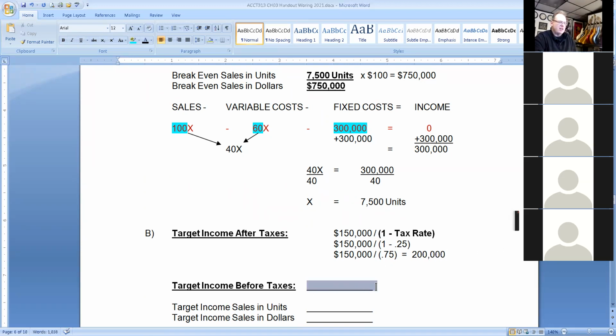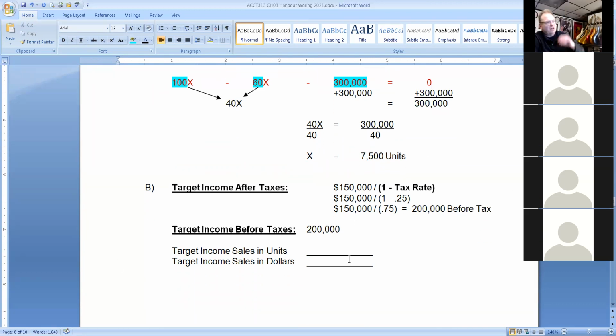And this is the before tax income. And that we can plug into our equation.